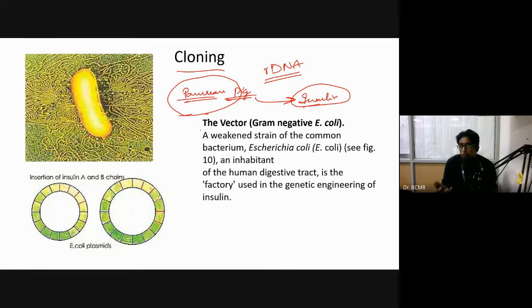Now, because of genetic engineering or recombinant DNA technology, we use E. coli to produce the insulin that we want. That is the course that we are doing. So in a typical exam question, we could ask you: if you were in the situation where you have to make insulin, how would you do that?